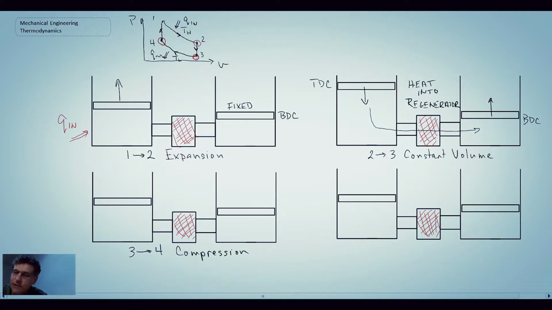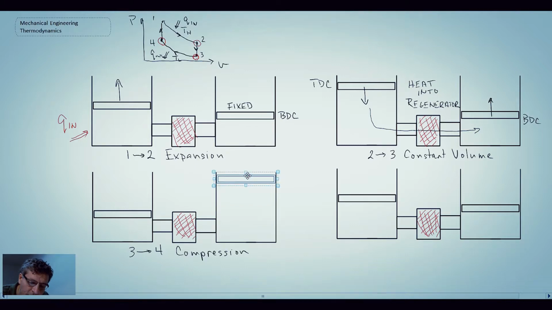So let me adjust the positions of our pistons to make sure that they're at the right location. This one should be down at bottom dead center and fixed. So the hot is at bottom dead center and fixed. And the cold was up close to top dead center, and it's starting to come down.